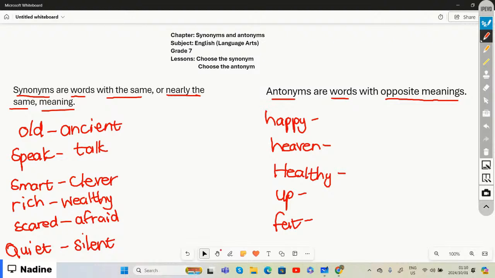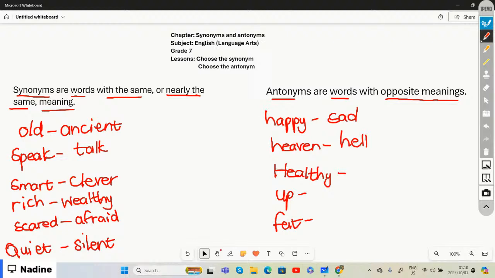The opposite meaning of those words is: it's either happy or you are sad. I'm either happy, I'm cheerful, or I am sad and I'm crying. It's either heaven or we're going to hell.